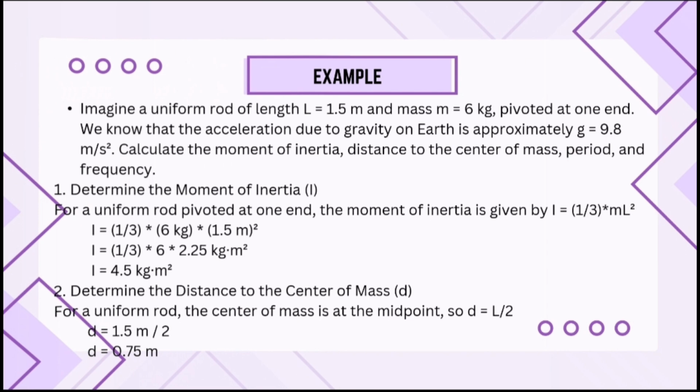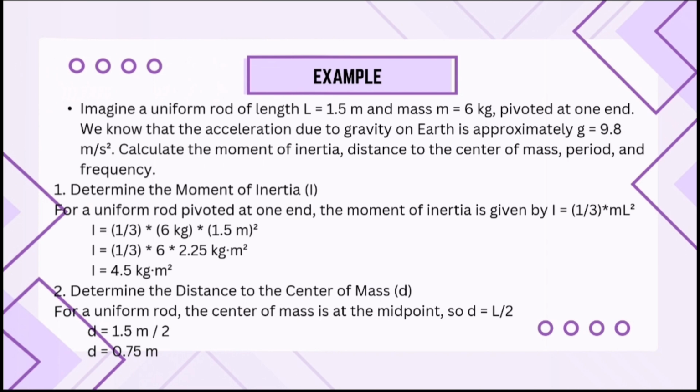Number 1. Determine the moment of inertia. For a uniform rod pivoted at one end, the moment of inertia is given by I equals 1 over 3 times m L squared. I equals 1 over 3 times m, which is 6 kg, times L squared, which is 1.5 meters squared.